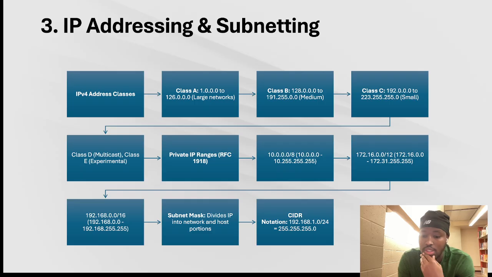The subnet mask divides an IP address into network and host portions. CIDR notation makes this easier. For example, /24 means the first 24 bits are the network portion, which equals a subnet mask of 255.255.255.0. Subnetting is a key skill for network administration.